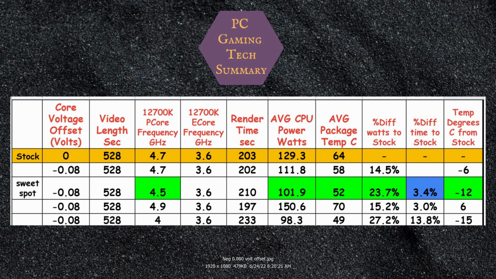So for instance, under these conditions it'd be 4.7 gigahertz all the time. Now, I was having a little bit of a problem with stability with undervolting, and I just thought about that, so I just uninstalled it.